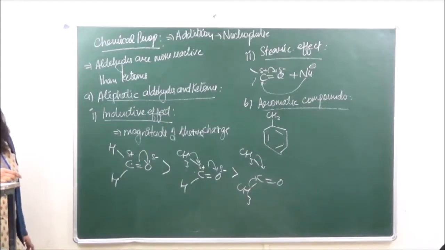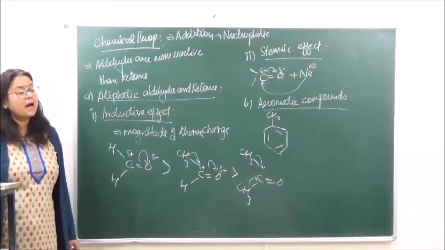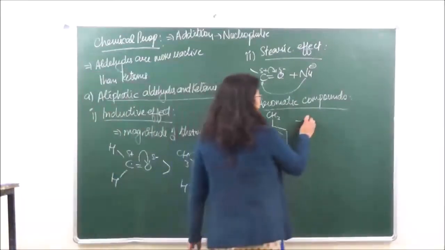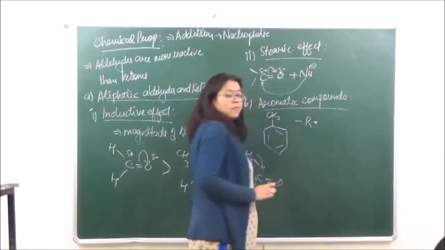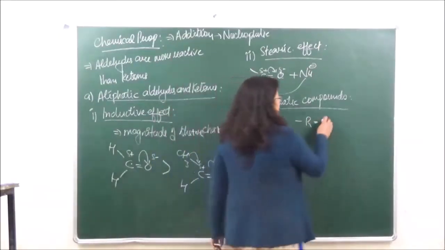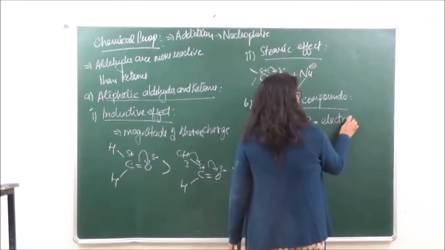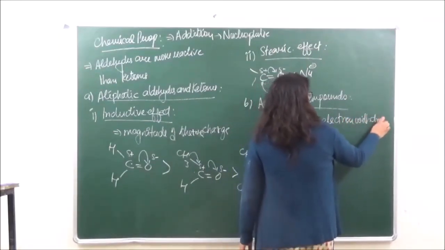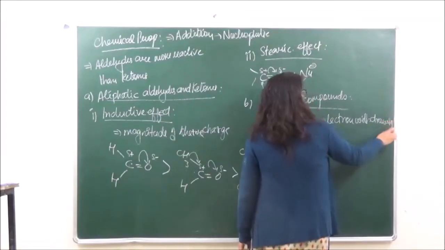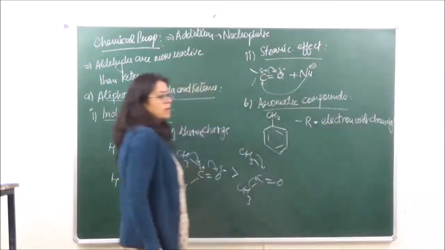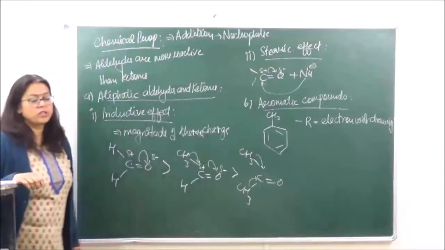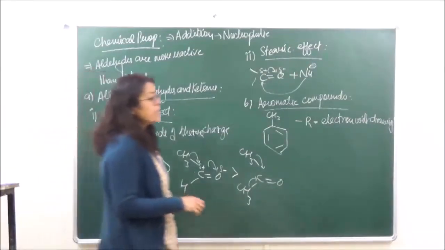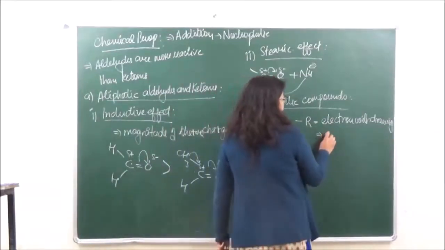So in aromatic compounds, what is a minus R group? There are two types of groups which may be present. A minus R group is an electron withdrawing group, which is going to withdraw electrons. This is going to increase the reactivity.